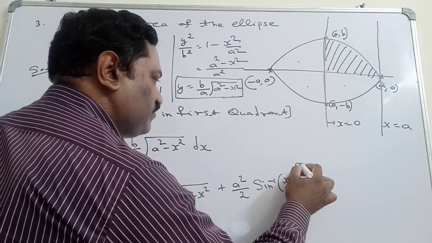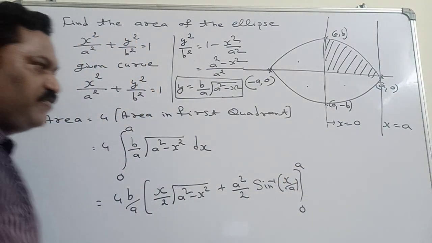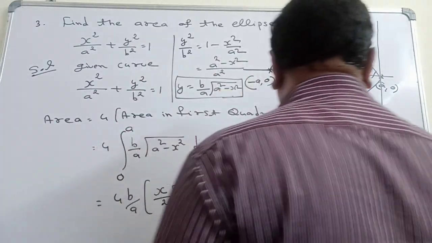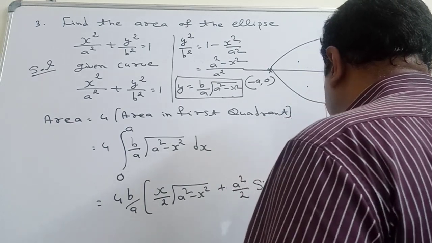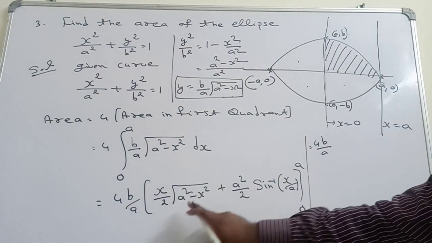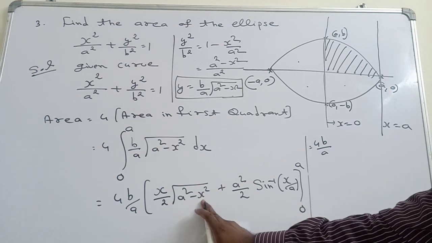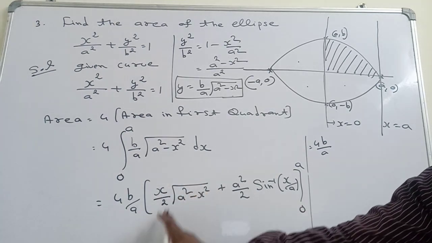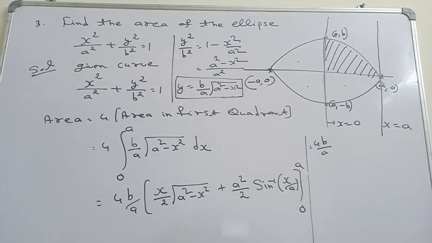Then we keep the limits from 0 to a. Now if you substitute these limits carefully, this is 4b by a. First we substitute the upper limit a. Here it is root of a square minus a square, which is 0, so this term becomes 0. And sine inverse of a by a is sine inverse 1, the value of which is pi by 2.